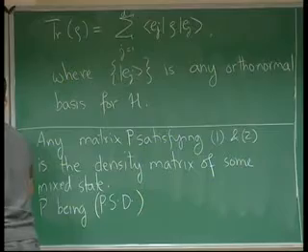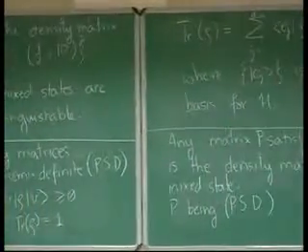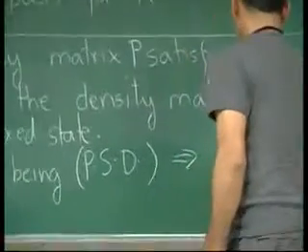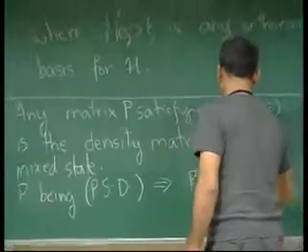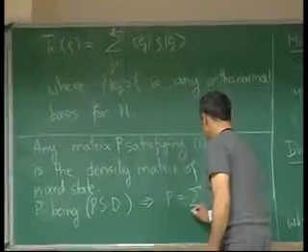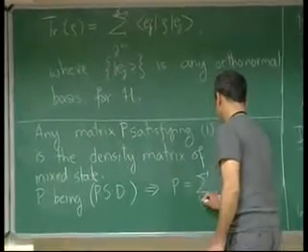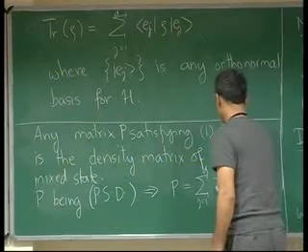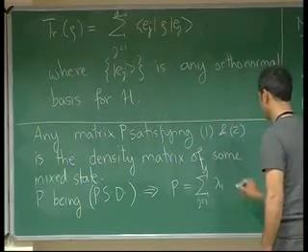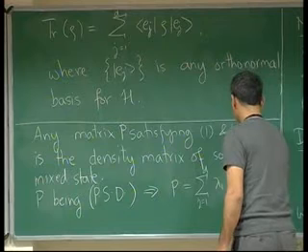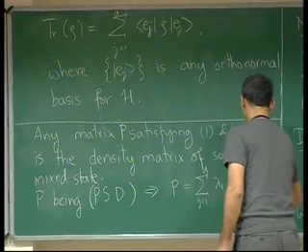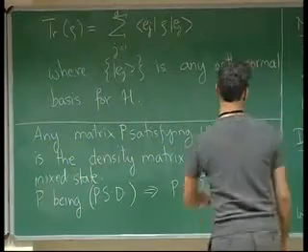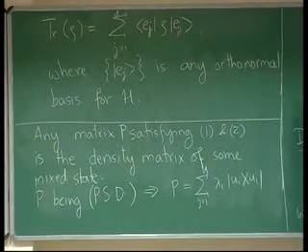Positive semi-definite implies that P may be diagonalized as a summation over j going from 1 to the dimension of the space lambda j, let's write it as Uj bra Uj, where the lambda j's are all non-negative.